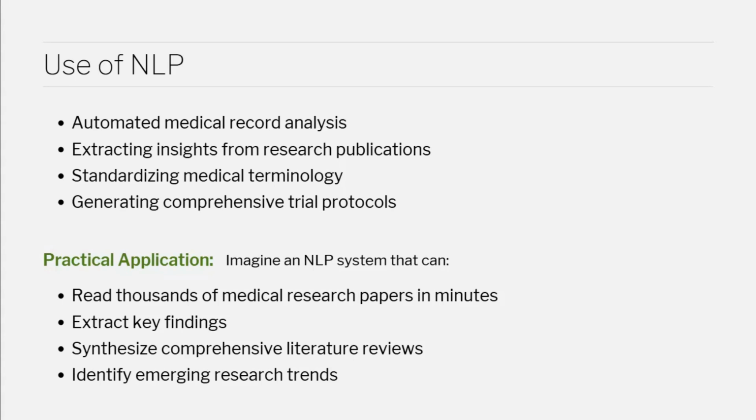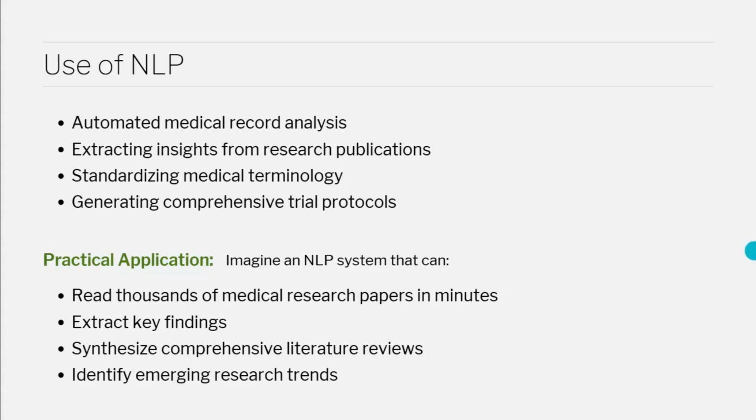If you want it point wise, or paragraph wise, you can write 500 words, 200 words. So it will summarize the entire thing in 200 words or 5 or 50 points. Fine. And it can synthesize comprehensive literature reviews also and identify emerging research trends. So it will also see what the emerging trends globally are by reading all the research papers.